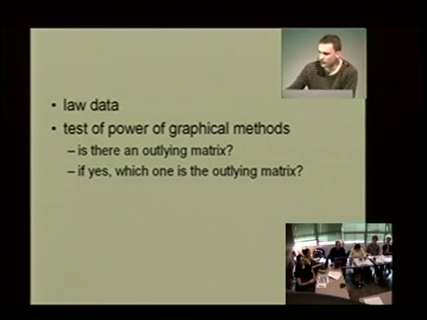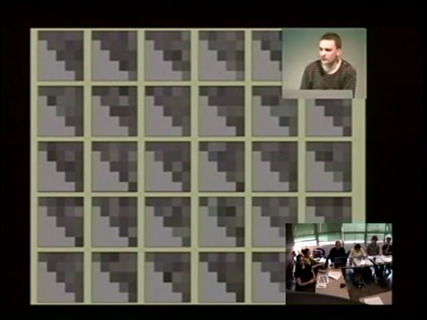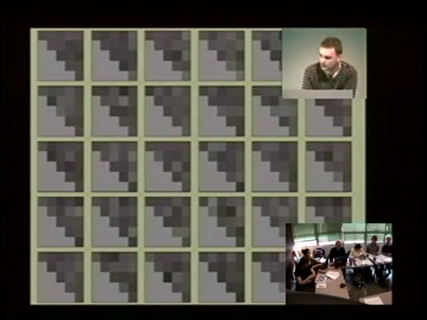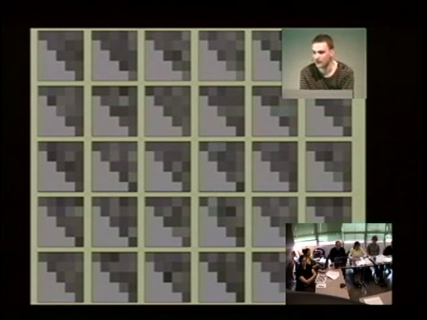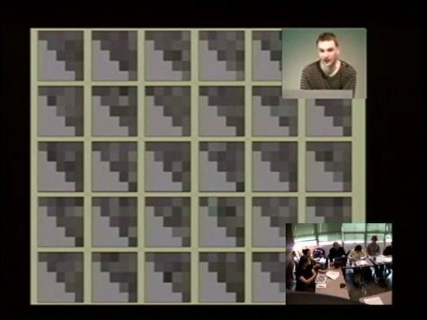And what you see here on this first slide with all these grayscale matrices is the situation I referred to before. I lost the labels of which ones were the replicated grayscale matrices and which ones were the observed. Which one is the observed one? So now it's up to you to pick out the possibly outlying one.